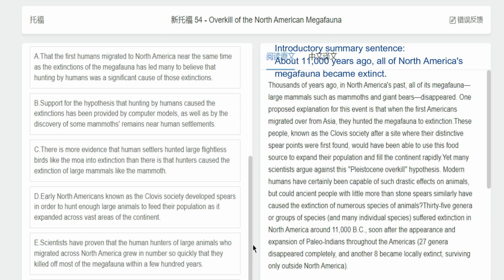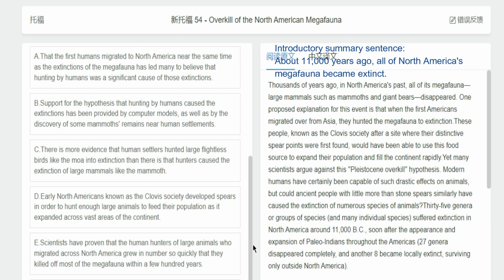About 11,000 years ago, all of North America's megafauna became extinct. So we can expect that the choices will talk about theories relating to this phenomenon. A is the Pleistocene overkill hypothesis, so we keep A. B is about Martin's model and some evidence for the hypothesis, so we keep B.